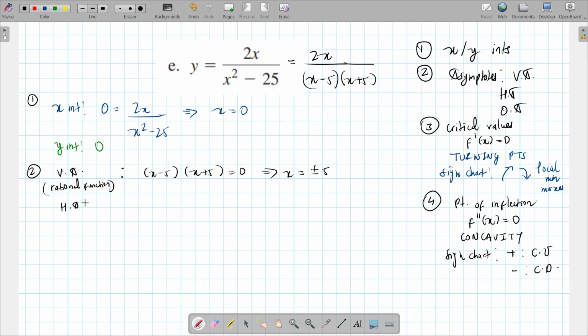Horizontal asymptote. Again, you need to compare the degree of the numerator with the degree of the denominator. If the degree in the numerator is less than the degree in the denominator, then your horizontal asymptote is at y equals 0 on the x-axis, okay? Here's a note about these asymptotes. Vertical asymptotes, your curve will never cross, will never pass it.